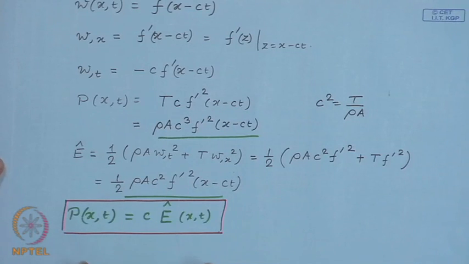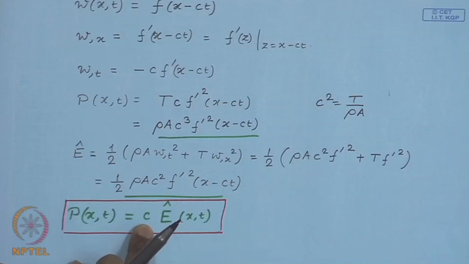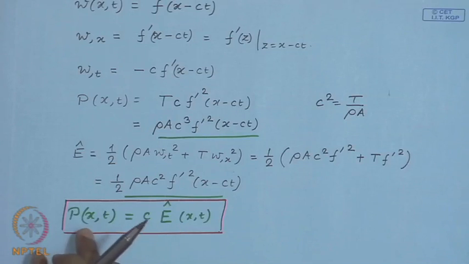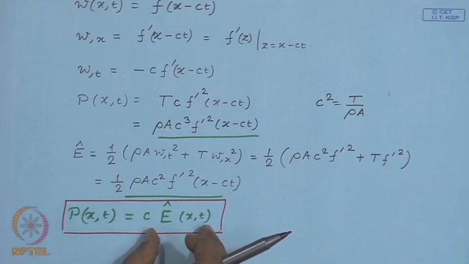What we can say is that the energy contained in the string, in terms of the kinetic and potential energy of the string at any location x and time t, is flowing at the phase speed, that means the speed of the wave in the string. So, that gives us the power. The energy is flowing at the speed of the wave, the phase speed of the wave.